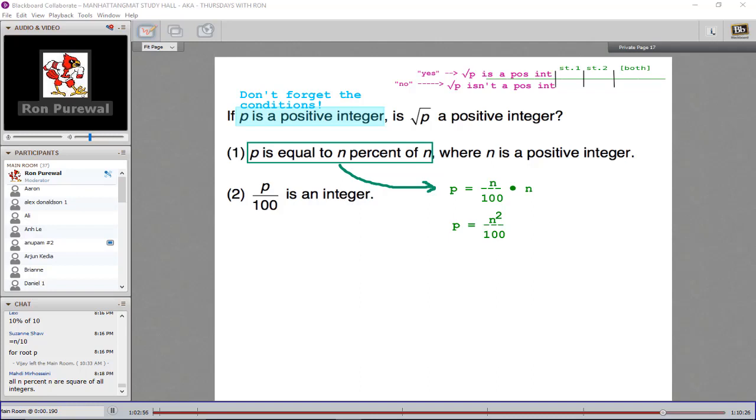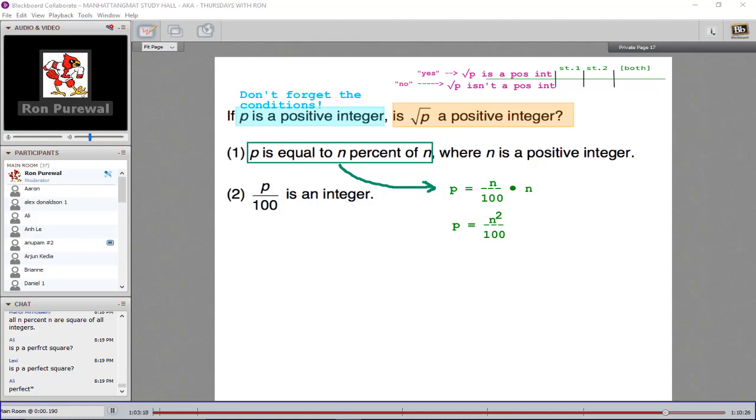Like, what is square root of P a positive integer? What's another way of saying that? If you don't want to think about the square root of P, because if the square root of something is an integer, then that means it's a perfect square.